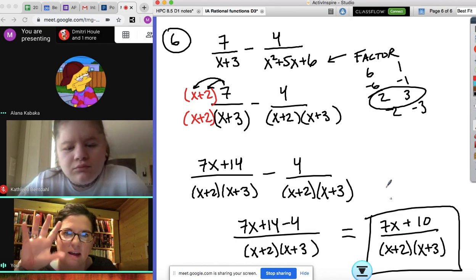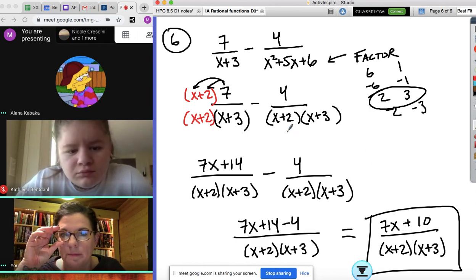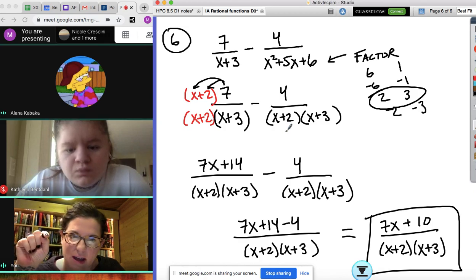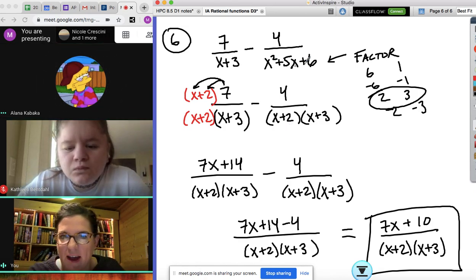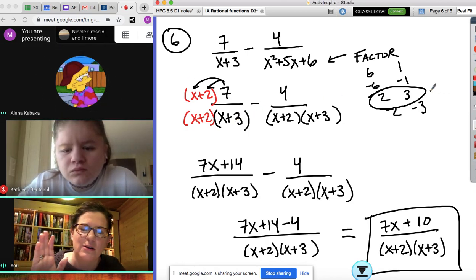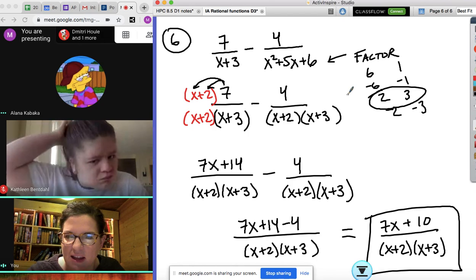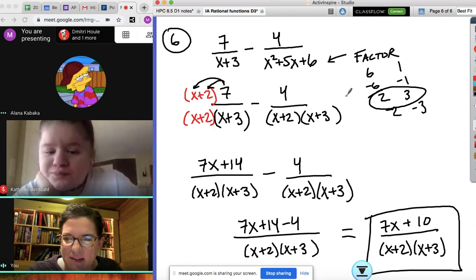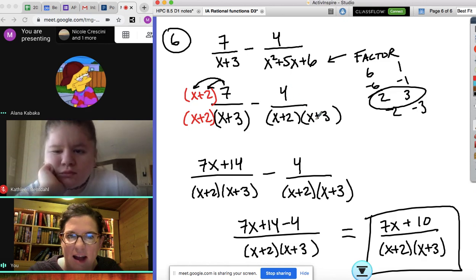So here's the thing. Every single problem that I'm giving you today, when you have to factor like this, you're going to notice, oh, one of them is the same as the other fraction's denominator. They're going to have part in common for all of them. And if you're doing a problem and you're noticing that they don't have anything in common, then you're making a mistake. So once you factor this one, it had an x plus 3 just like this one did.